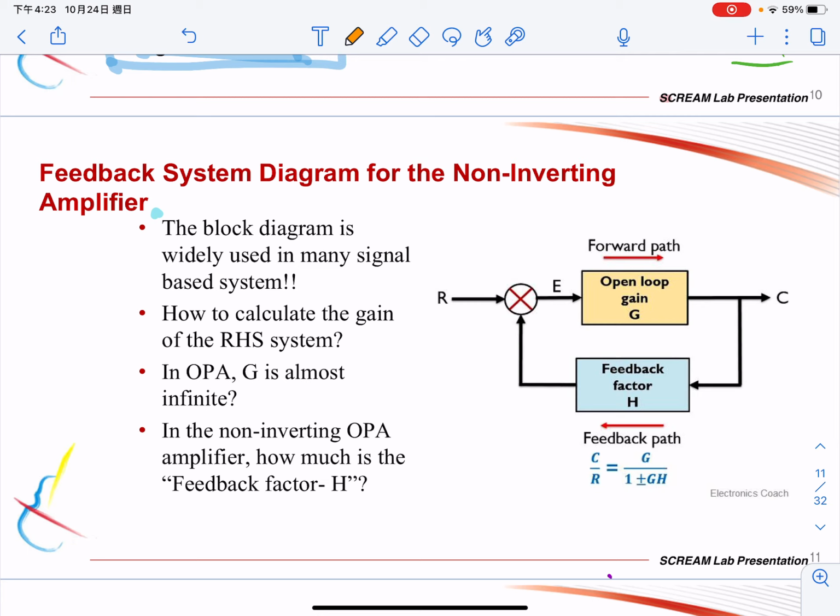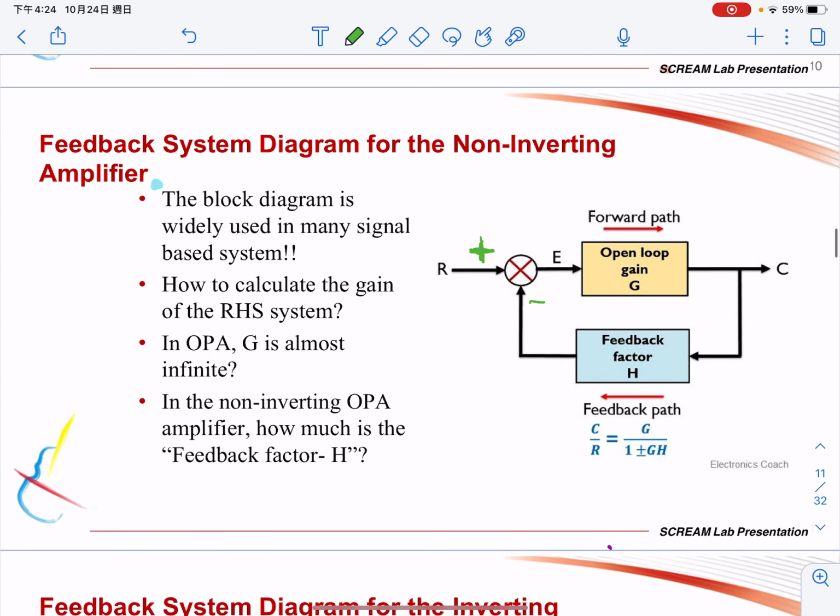And usually I draw a diagram something like this. I have an input here with plus, and the open loop gain G usually is a positive one, and I will have a negative one, and the operation here means R minus H, because H comes here.